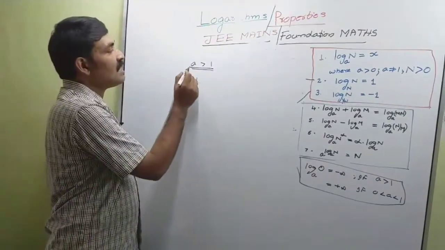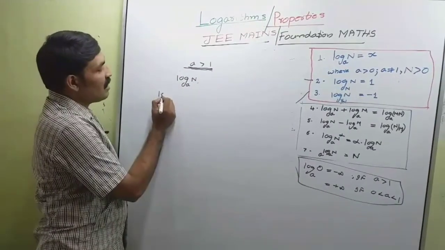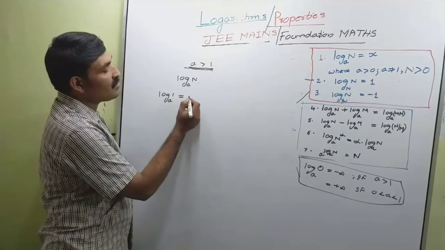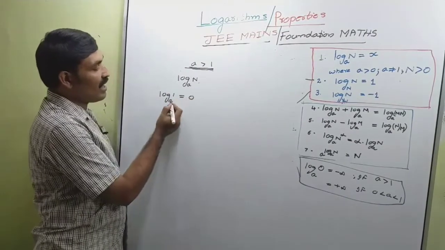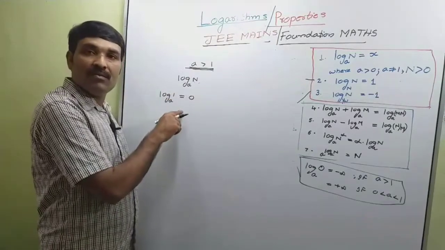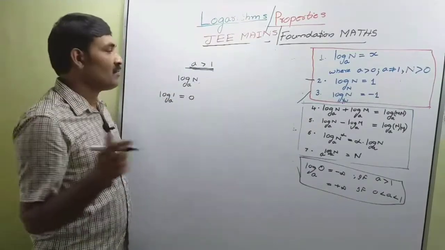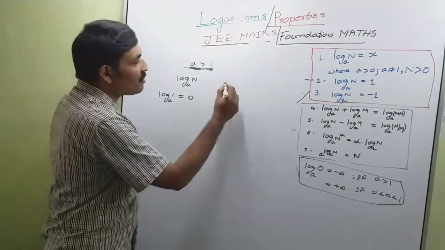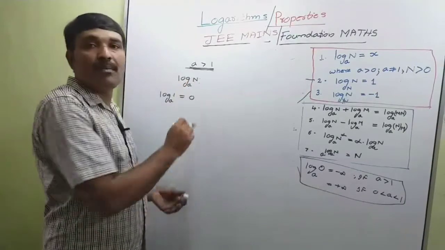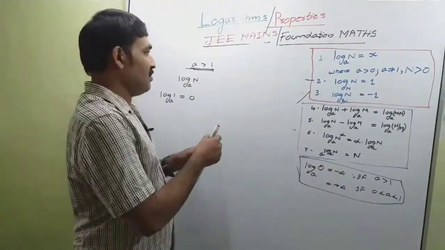Here the base is greater than 1, and we know that log 1 to the base a is equal to 0. For any value of a, the logarithm of 1 with respect to any base a is always 0. So I am going to draw the graph of log n to the base a, provided a is greater than 1.